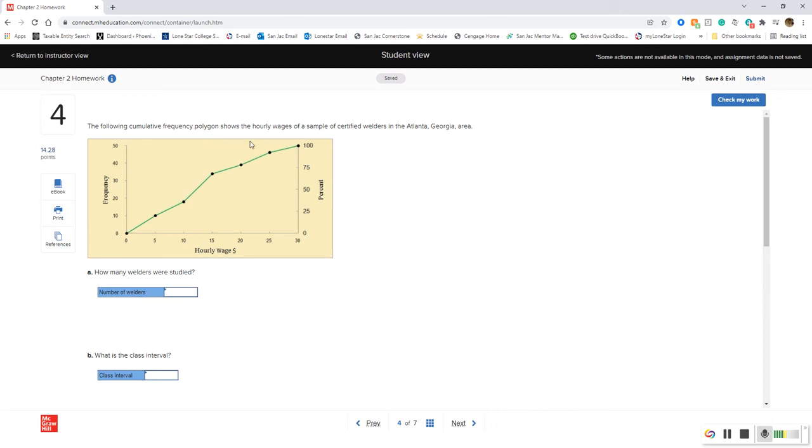So the following cumulative frequency polygon shows the hourly wages of a sample of certified welders in Atlanta, Georgia. Here we go. Alright, how many welders were studied? Well, let's see. We have 100%, 30.